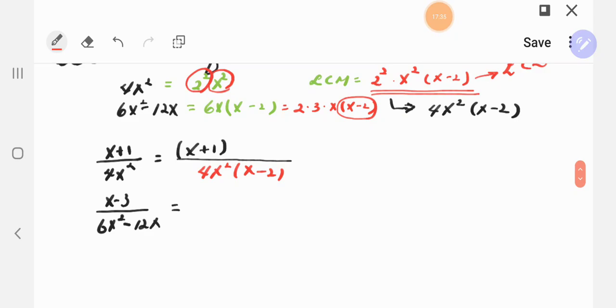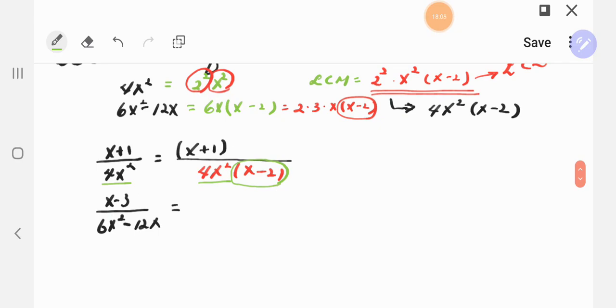Then we have to find the missing factor and multiply the numerator by it. Here we have 4x squared, so actually x minus 2, this binomial factor, is an extra factor in the denominator.